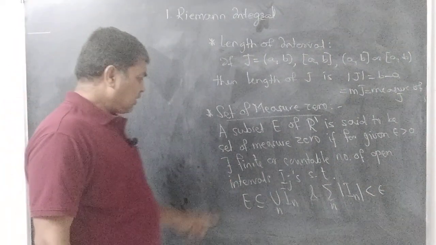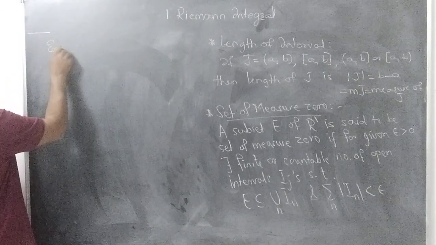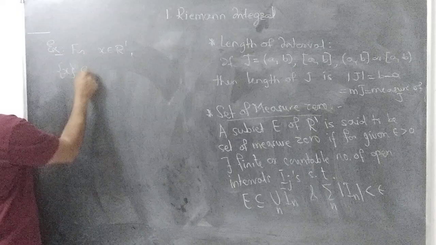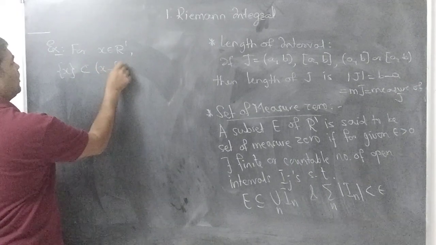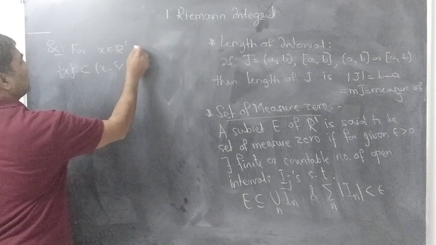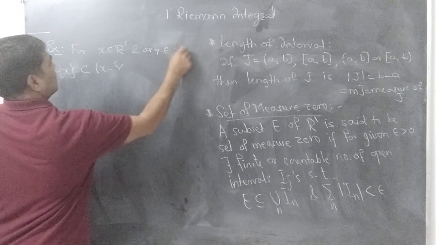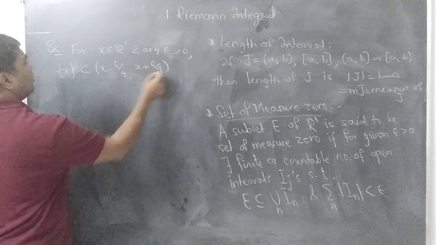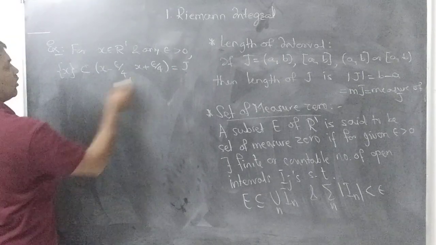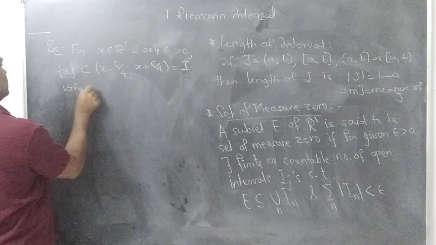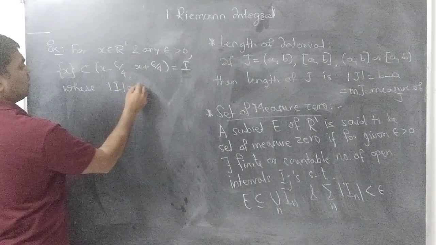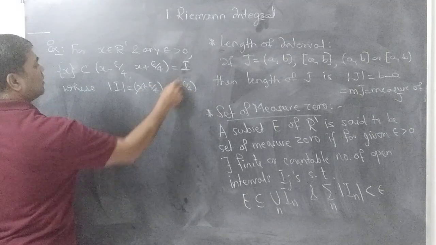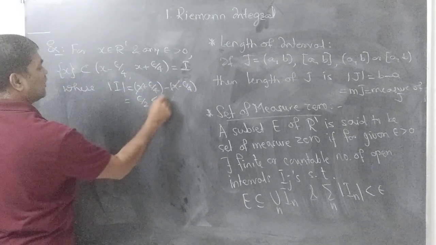Is it right? So for example, for x belongs to R1, the singleton {x} is contained in (x minus epsilon by 4, x plus epsilon by 4) for any epsilon greater than 0, which is equal to an interval I, where the length of I is x plus epsilon by 4 minus x minus epsilon by 4, which is nothing but 2 epsilon by 4, which is epsilon by 2, less than epsilon.